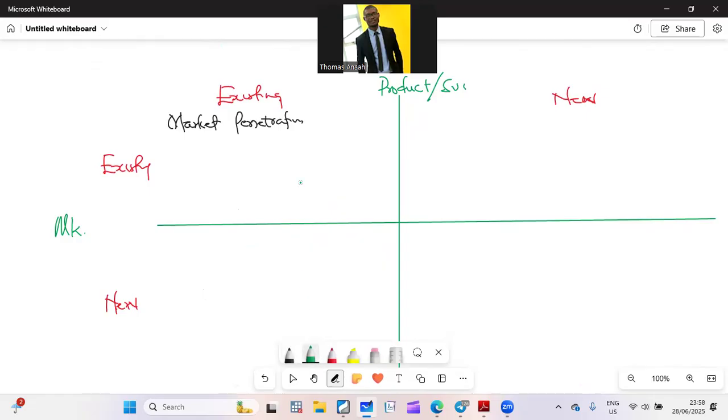So the essence of market penetration is to increase your market share. You want to get market share. And why? Because you need to increase your power.